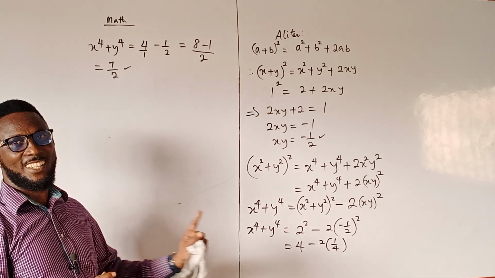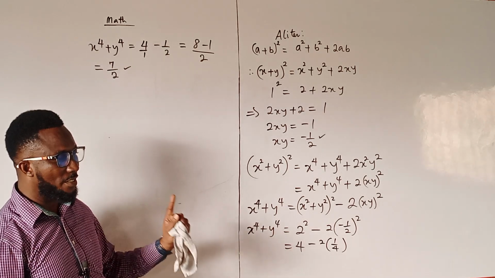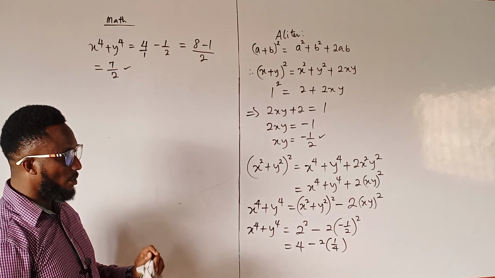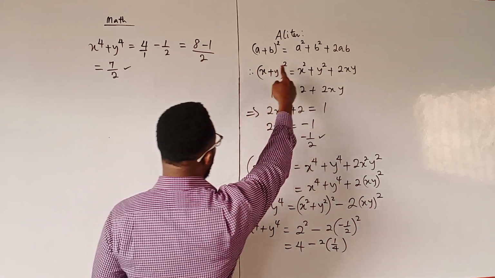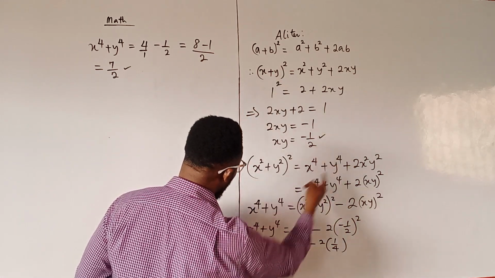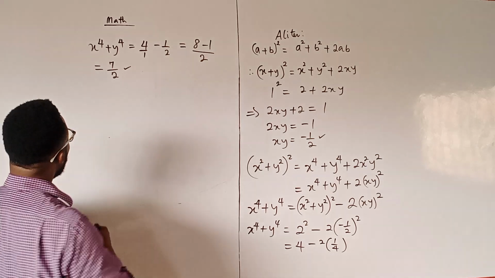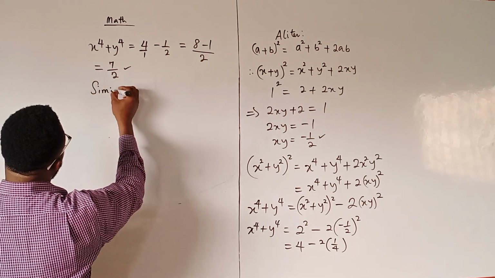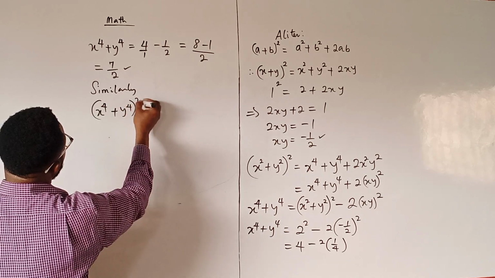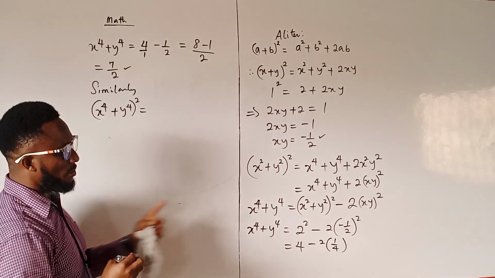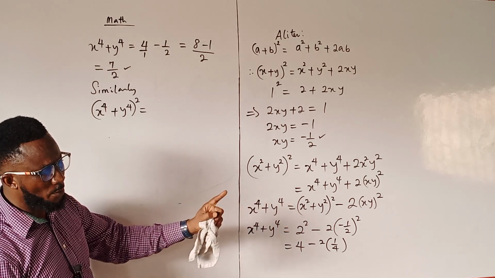Some persons have already seen the answer, calling, knocking. So we moved from s to s squared. We now move to s to the fourth squared. Look at the pattern. Very interesting. S plus y all squared, s squared plus y squared all squared, then we'll now go to s to the fourth plus y to the fourth all squared. So similarly, s to the fourth plus y to the fourth all squared is s to the fourth raised to the power of 2.